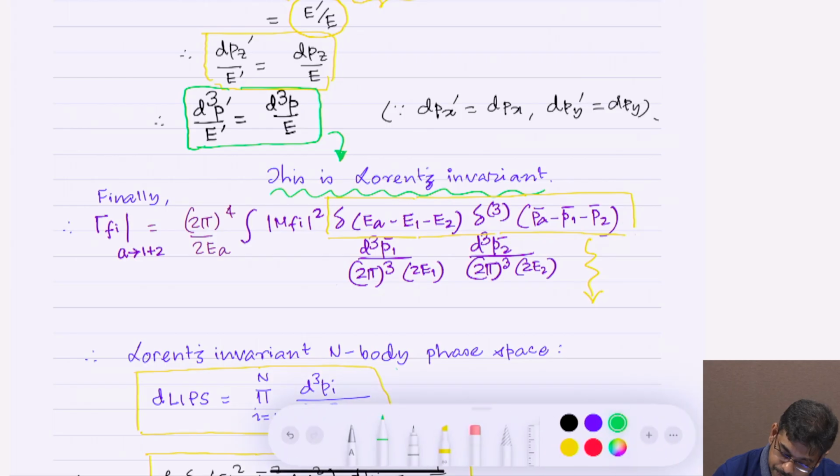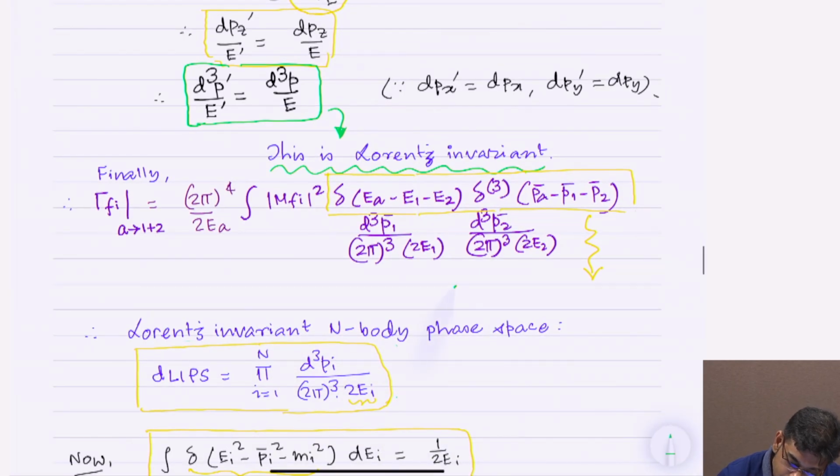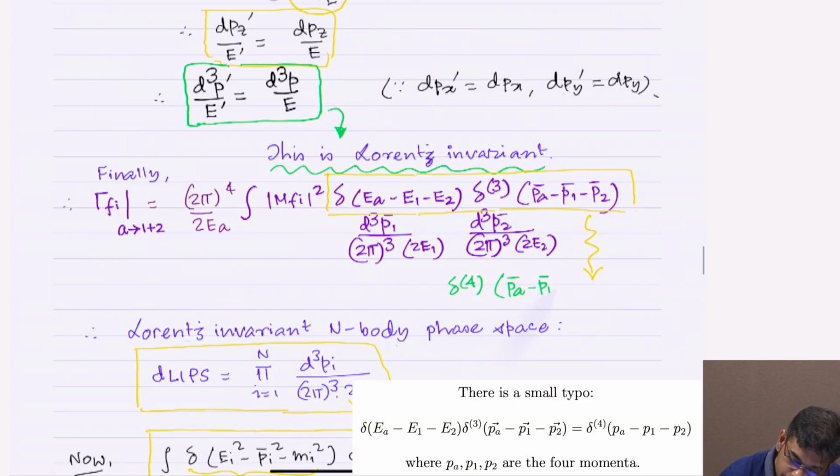This is nothing but delta 4 of Pa minus P1 minus P2, right.